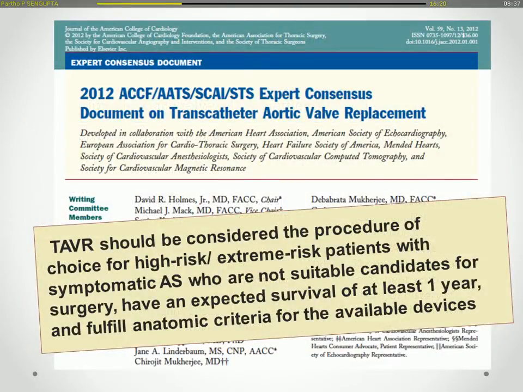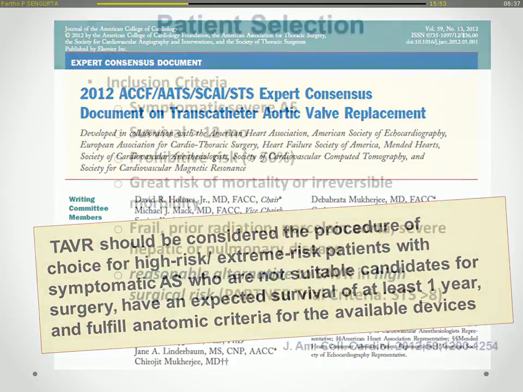We now have seen the evolution of the field, and 8 societies have come together and provided a consensus statement, and the present consensus is that TAVR is considered a procedure of choice in patients with either extreme risk or high risk symptomatic aortic stenosis who are not suitable candidates, but they need to have at least survival of more than 1 year and fulfill some of the anatomical criteria which we'll be discussing.